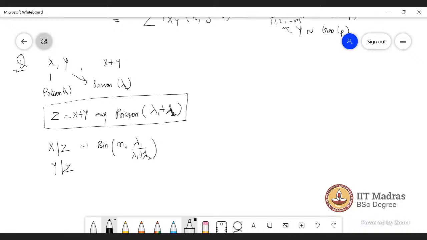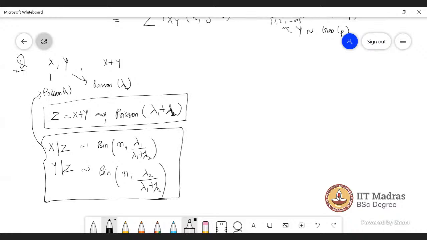The parameter of X was Poisson lambda 1, so that's why lambda 1 is in the numerator. That's how you can remember this. And the distribution of Y given Z will be binomial with parameters n, lambda 2 by lambda 1 plus lambda 2. So keep this in mind too.